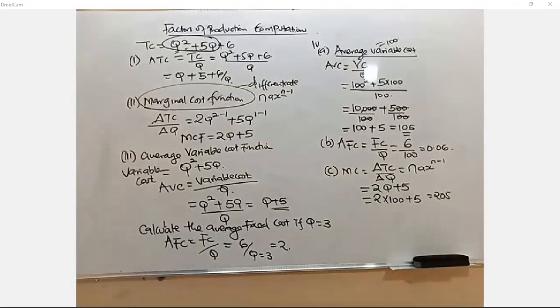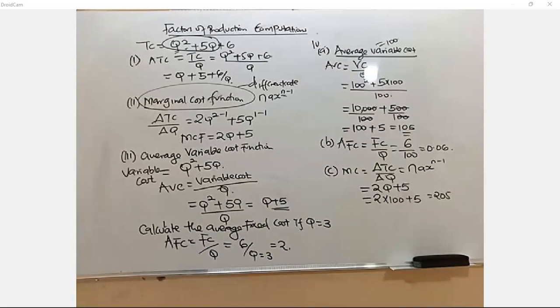Now, what else? The last requirement we were asked is, at what level of output will the firm minimize the average total cost or average variable cost? I remember I said we just need to equate the marginal cost with the total cost functions.